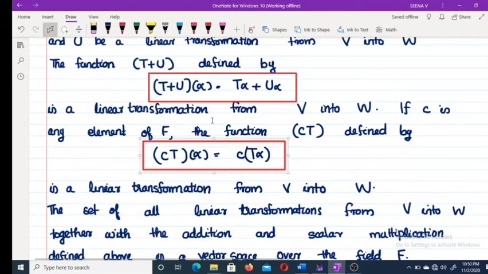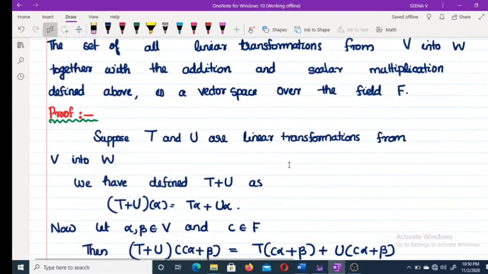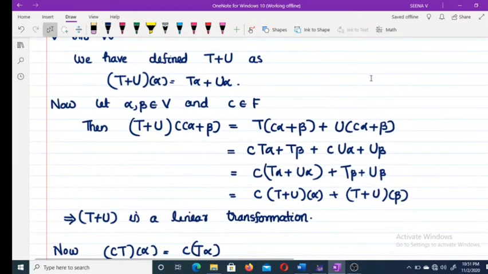First we are going to prove that T plus U and cT are linear transformations. Then we are going to prove that this collection forms a vector space over the field F. So suppose T and U are two linear transformations from V into W. Now what is T plus U?